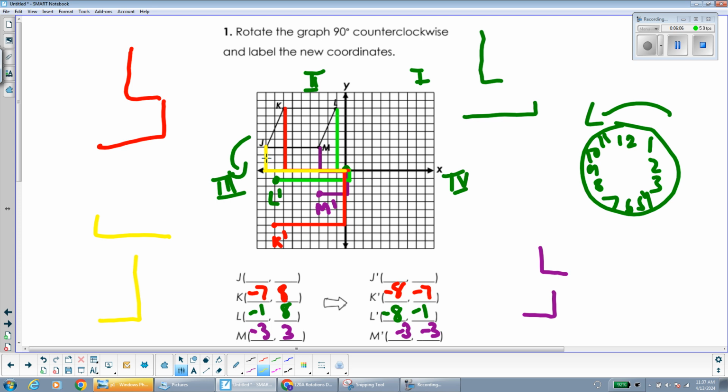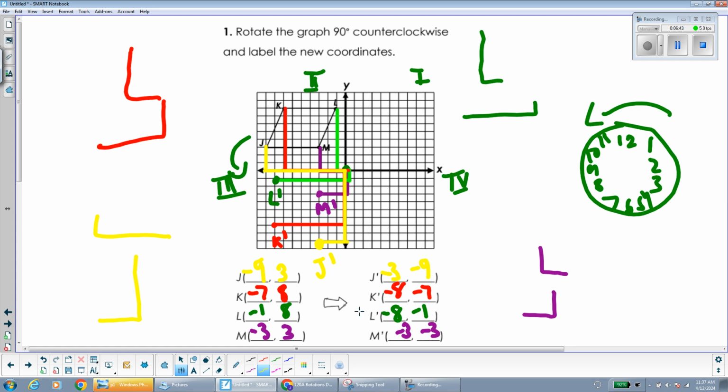That's 3, and then 9 in the other direction. And that is our point J prime. The original point J was -9, 3. And now the rotated point is -3, -9.